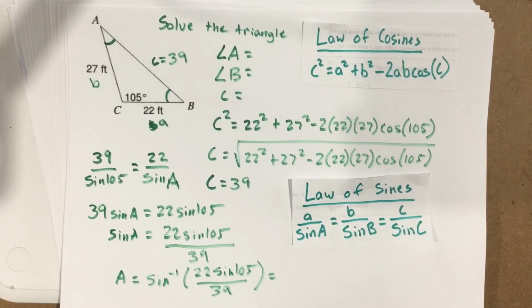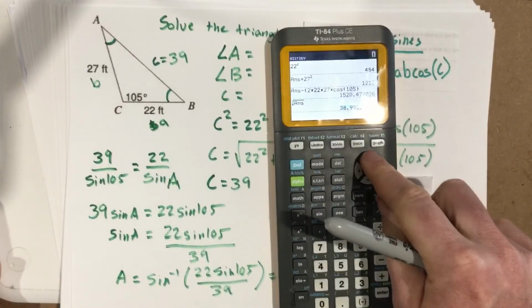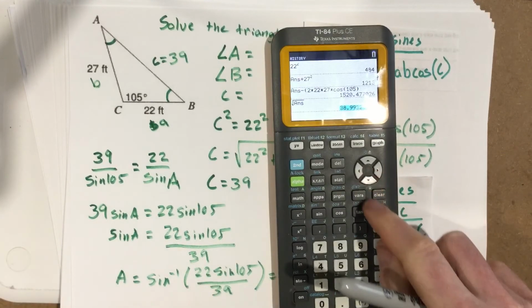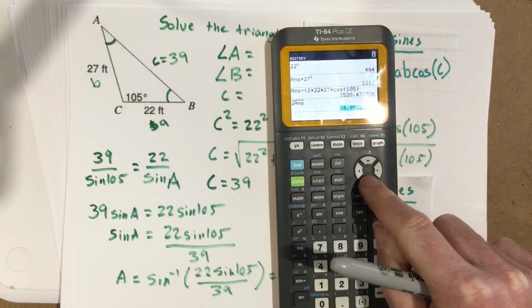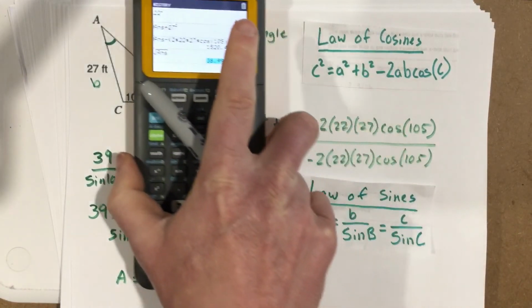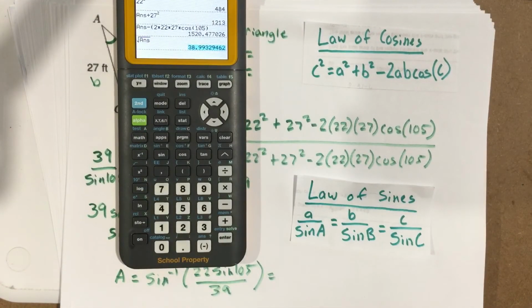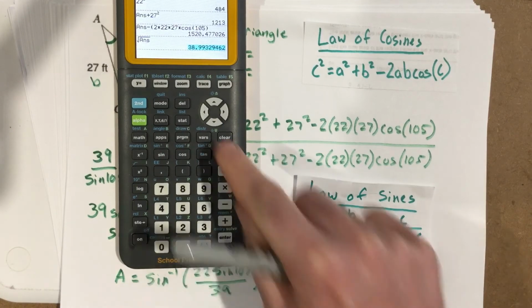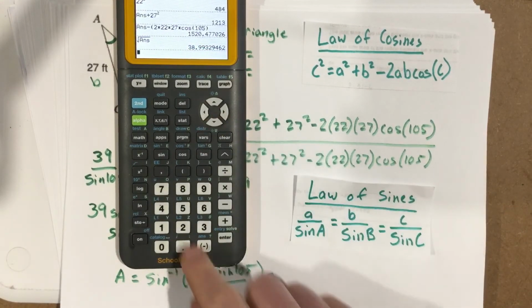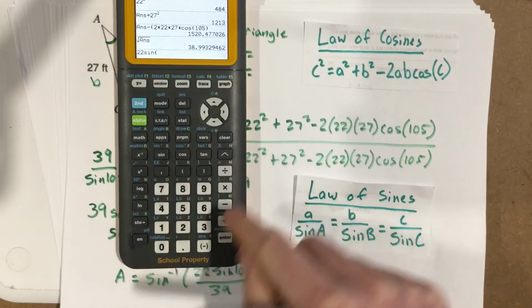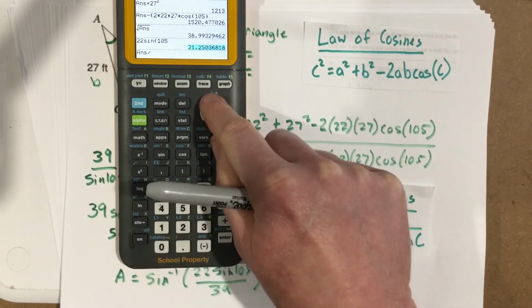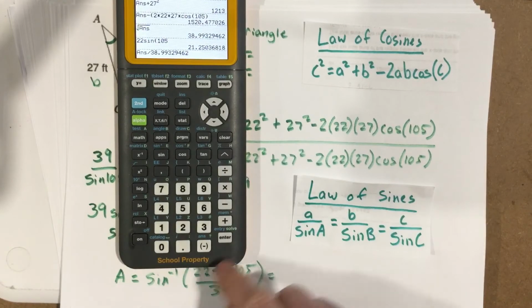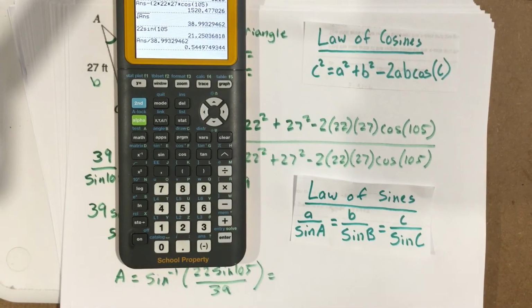If we go ahead and plug that in the calculator. Now, when I plug this in the calculator, instead of saying 39, I want to be very exact. So I'm going to go back and use that number right there, the 38.99. So let's go ahead and start by saying 22 sine 105 divided by, and I'll go back and grab that number, so I'm more exact.